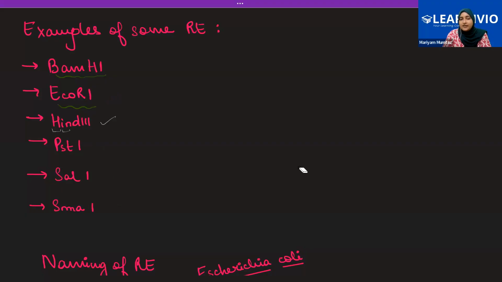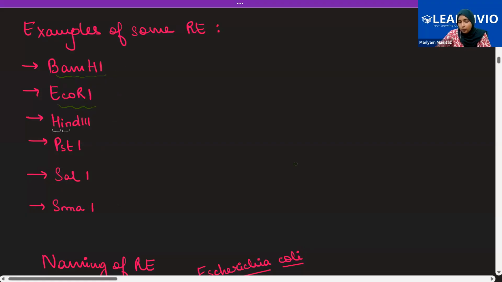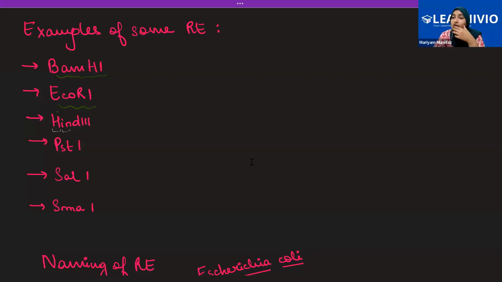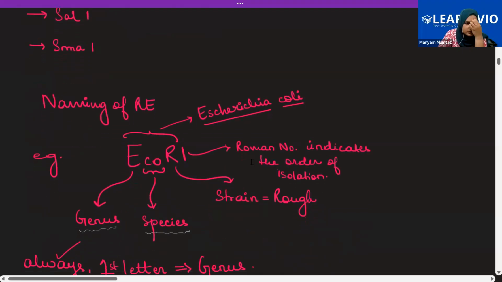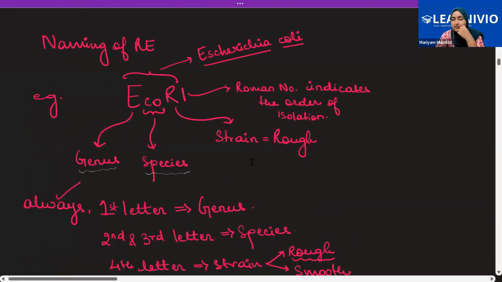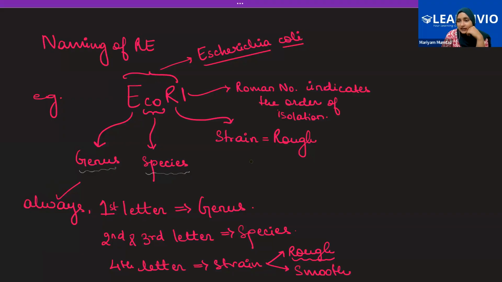Each of these names you should be familiar with. Now see, all of these names of the enzymes are not random. Each has a particular meaning associated with it. So this is how you name a restriction enzyme. The first letter in the name is from the genus of the bacteria from where it is taken. The second and the third letters are from the species of the bacteria.